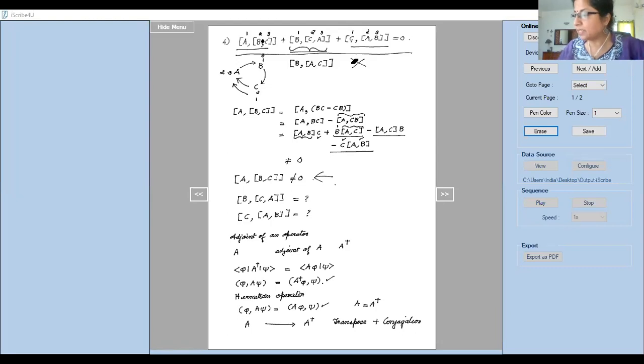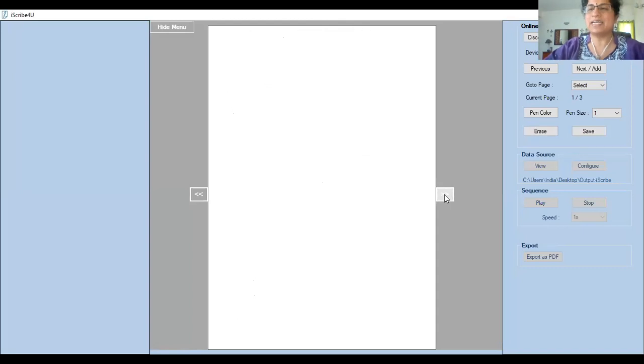Apart from this, what else did I tell you? I'm going to now change the page. I will do it here as well as over here because I keep forgetting sometimes. We learned something called a unitary operator, right? Please remember, I'm not throwing things at you. I'm telling you things which we will require later. And what is a unitary operator?